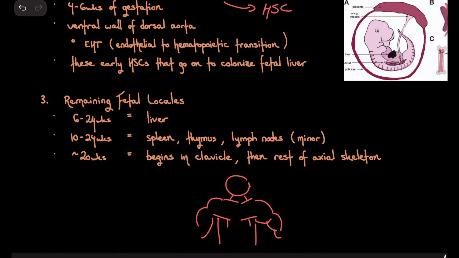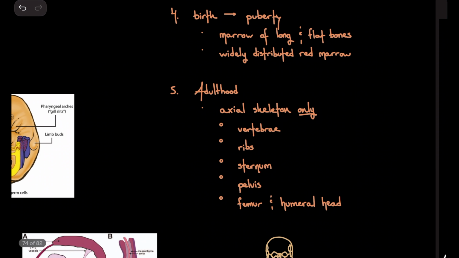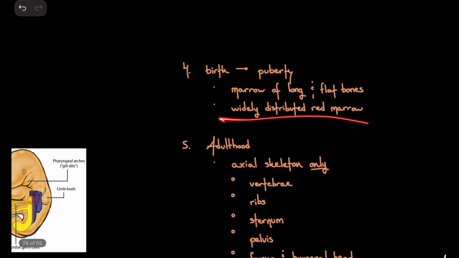So it'll spread to the core, and then after birth and through puberty, we're going to have a wide distribution of red bone marrow. You're going to find it in all of the long and flat bones. It's very common. That makes sense, right? The body's developing, the bones are growing, things are constantly in flux.